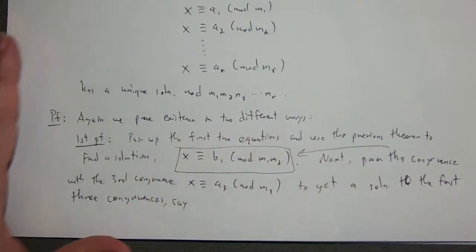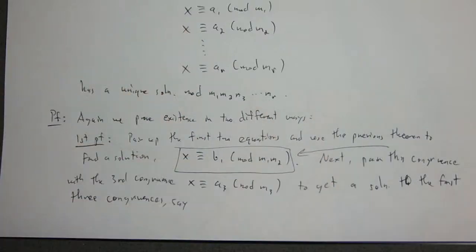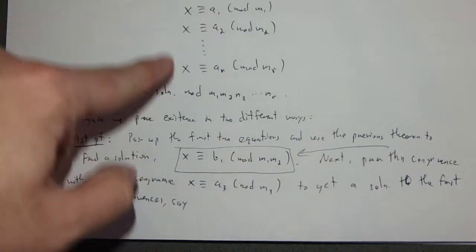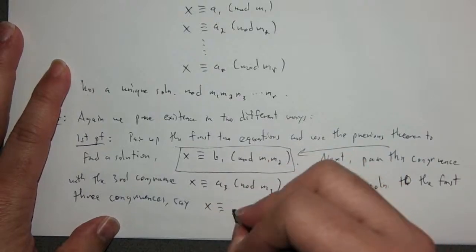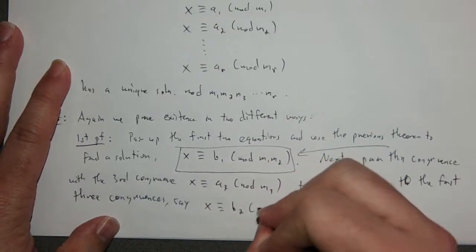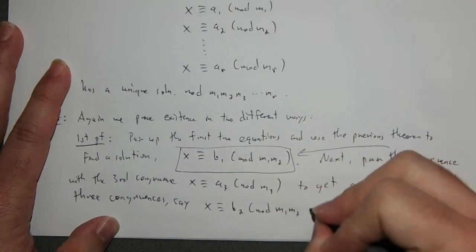And again, because we're combining one congruence here with one more congruence, our third congruence, it's just two congruences, so the previous theorem applies, and the result of solving those two congruences yields a solution that solves the first three congruences in this list. And we call that x is congruent to, say, b sub 2 mod m sub 1 times m sub 2 times m sub 3.